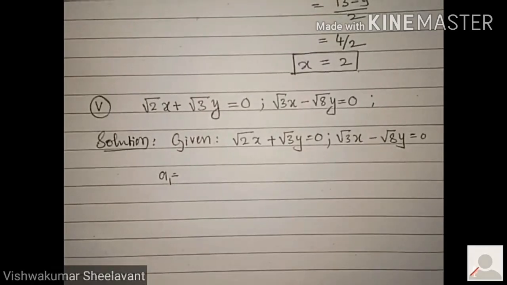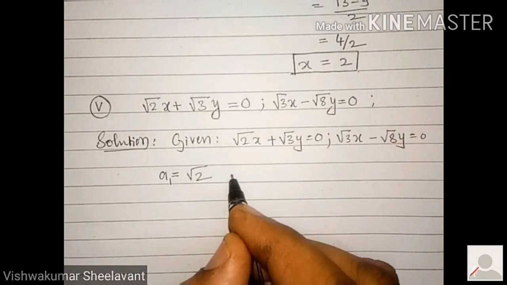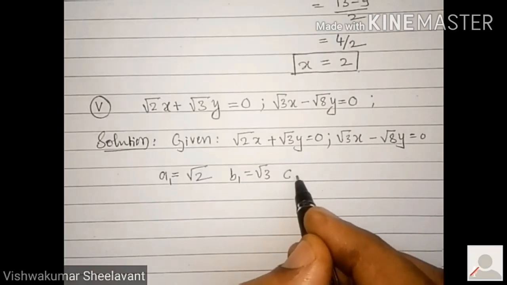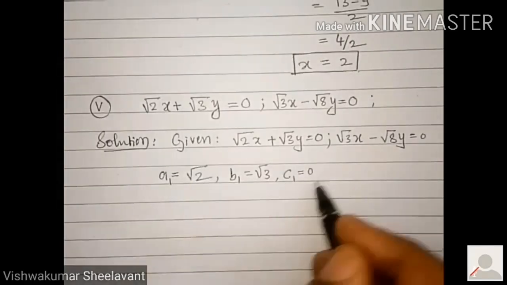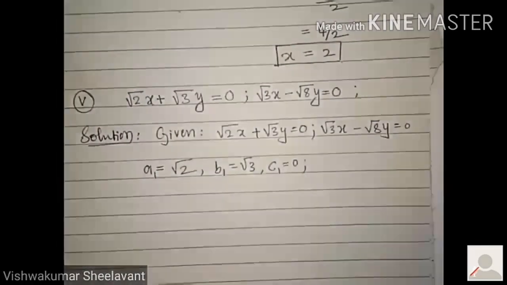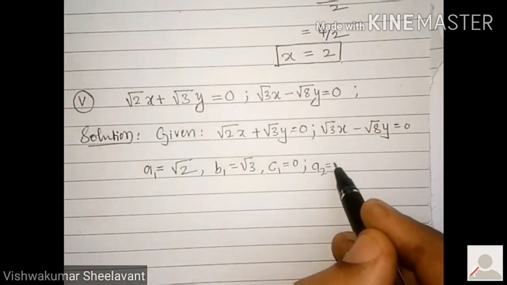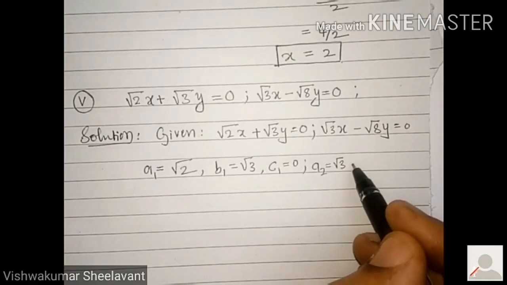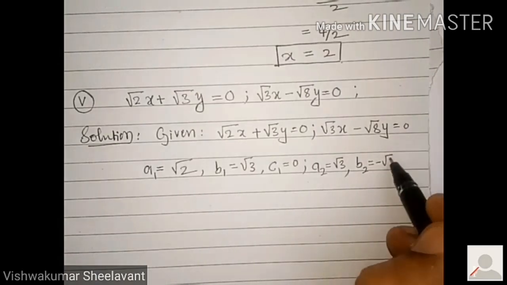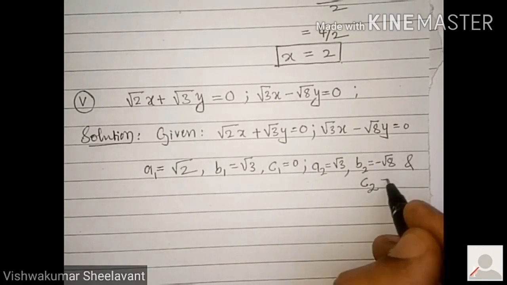A1 equal to root 2, B1 equal to root 3, C1 equal to 0, because we don't have a constant term here. A2 equal to root 3, B2 equal to minus root 8, and C2 is also equal to 0.